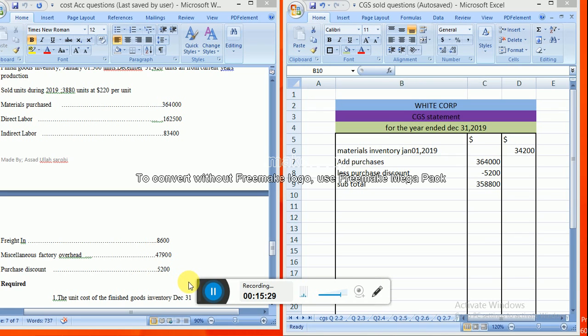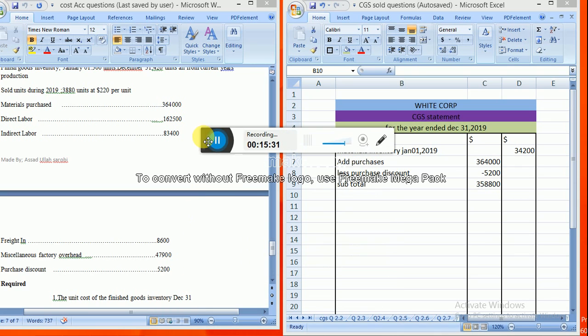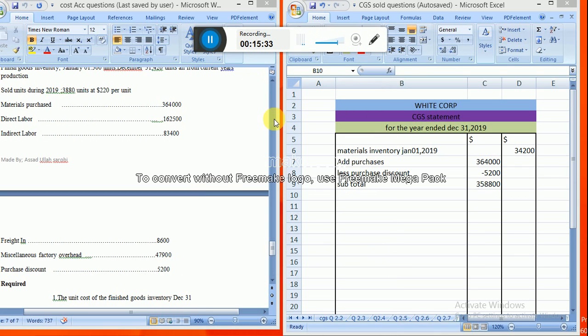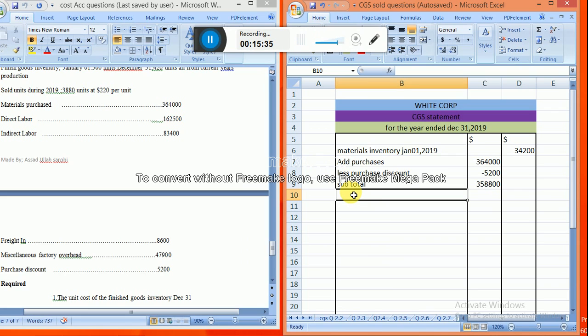So freight in will be added with the cost of purchases. Freight in means that we purchase the material, but when we transfer those materials to our manufacturing unit, we also pay freight on these materials. Freight means kiraya. So that freight will also be included in the cost of the material purchase.